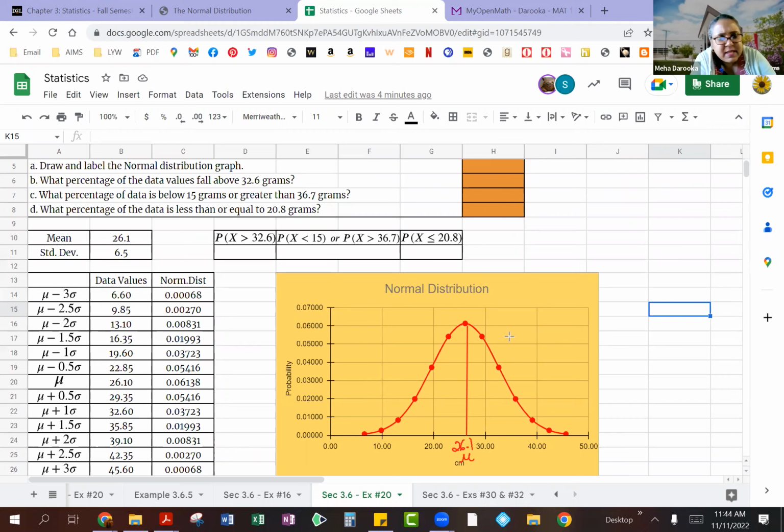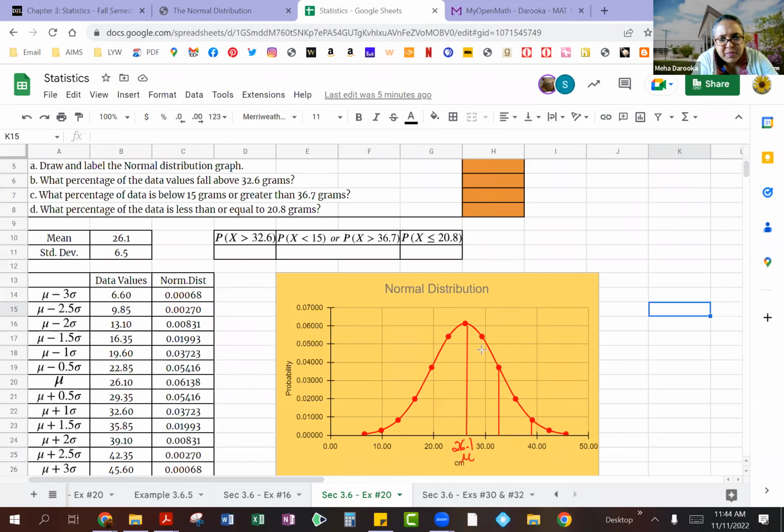Let's see, 1 standard deviation away is putting us at 32.60, so somewhere over there. 2 standard deviations is 39.10, so this guy over here, and 3 standard deviations away is at 45.60, which should be that last dot that we have over there.